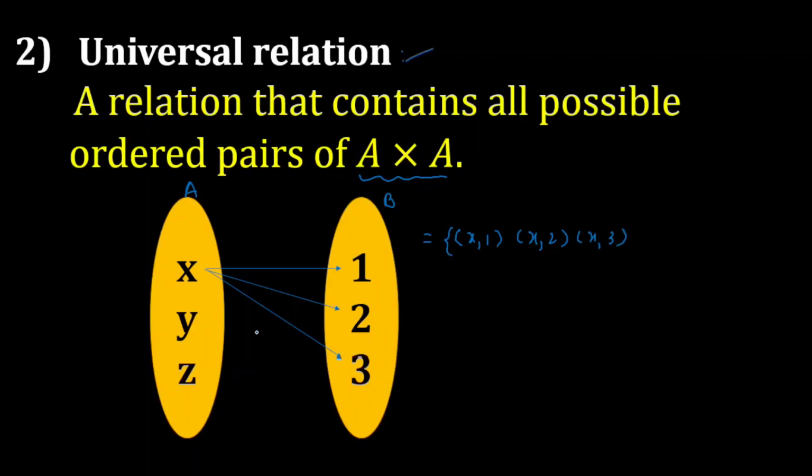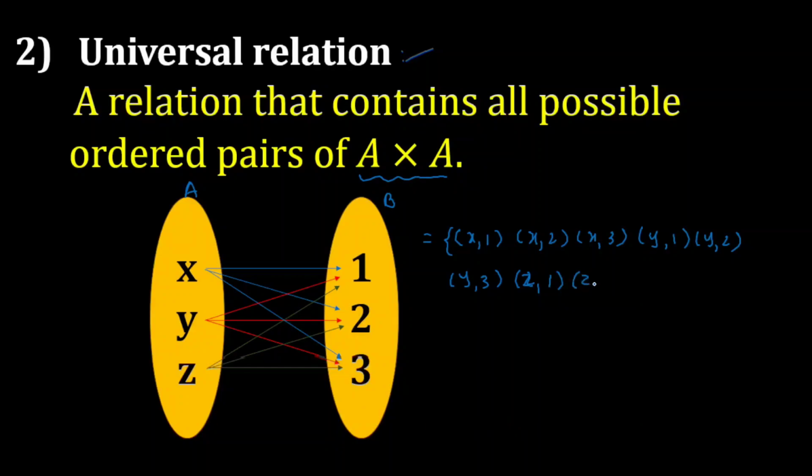Then similarly, y should relate to 1, y should relate to 2, y should relate to 3. So we write y comma 1, y comma 2, and y comma 3. Similarly, z will relate to 1, 2, and 3. So we write z comma 1, z comma 2, z comma 3.